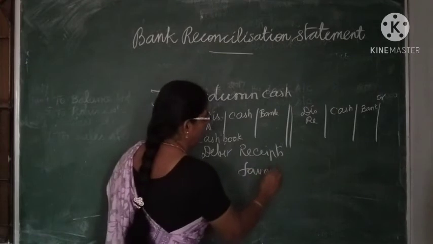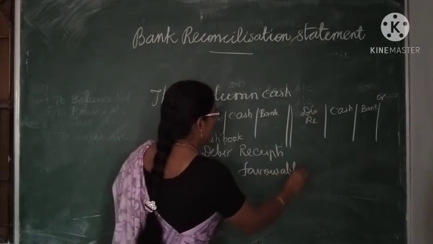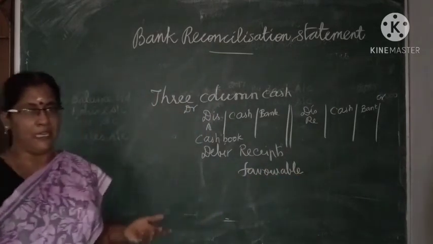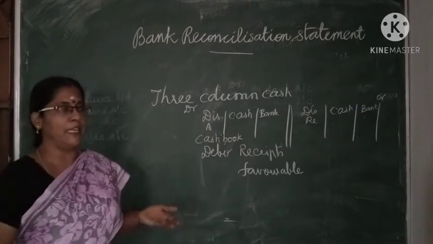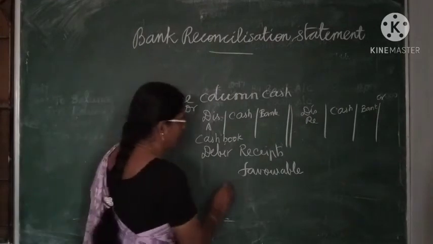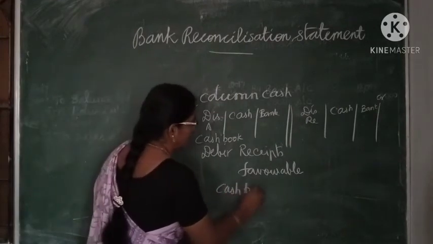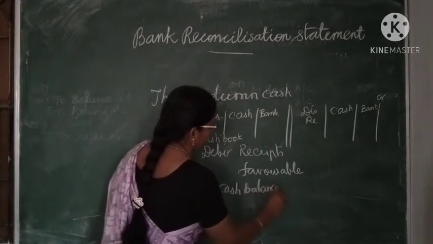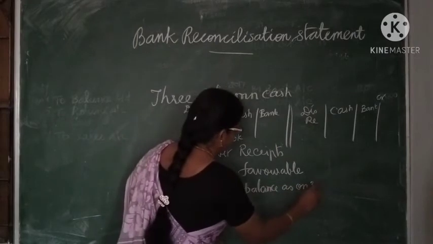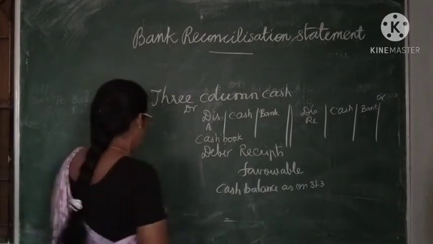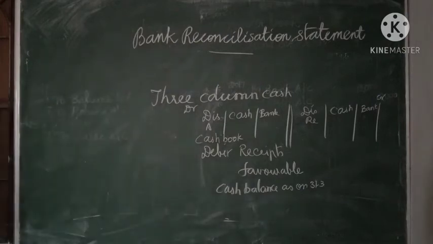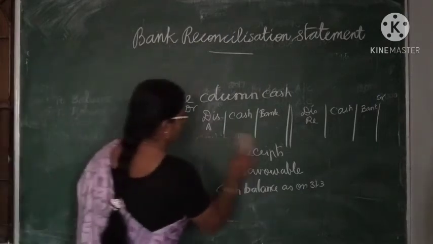So often you will check how much amount you are having in your hand. For example, 20,000. Today my cash balance as on 31/3, where will it be represented?